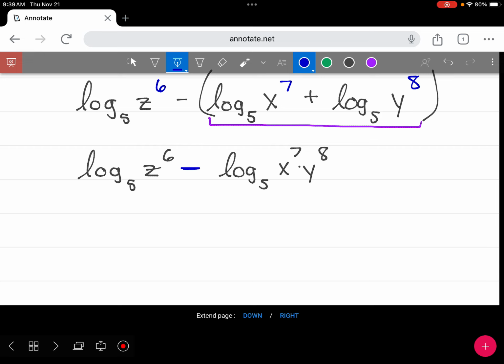So we're going to take where we have subtraction and do our division. So this is going to become our log base 5 of the fraction that has our z to the 6th over our x to the 7th, y to the 8th. We're getting it down to a single log.